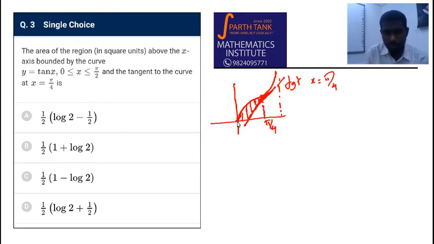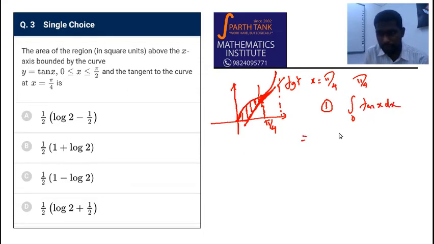It's very simple. If you notice, you can find this total area under tan x and subtract this triangle formed here, okay. Now let's do step by step. What will be the total area? I am planning to do area, one is the area under the tan x curve, which is integral 0 to pi by 4 of tan x dx.